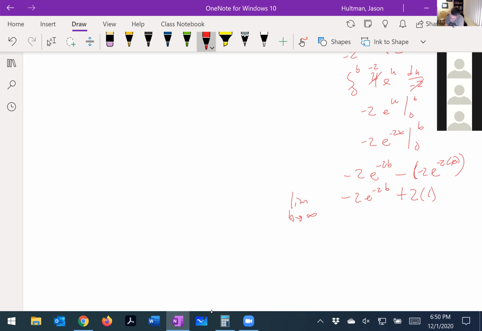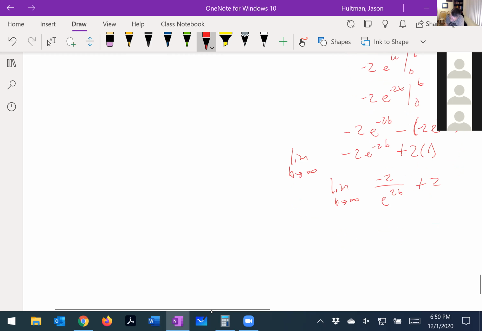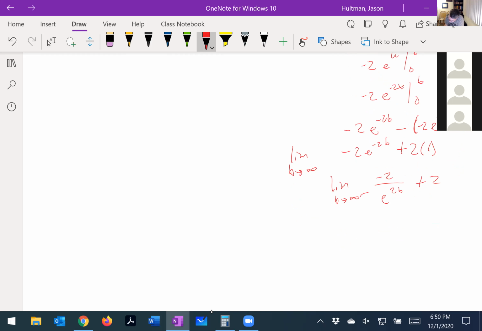Well, does the limit exist here? Let me rewrite this. This is the limit as b goes to infinity of negative 2 over e to the 2b. Okay, a negative exponent is positive if I bring it down below. Okay, and then plus 2. Now, what happens when I plug in infinity here?